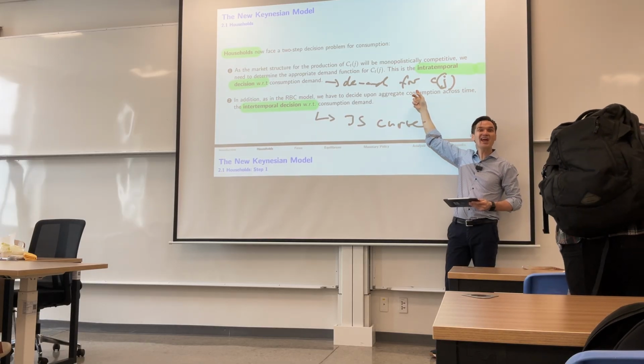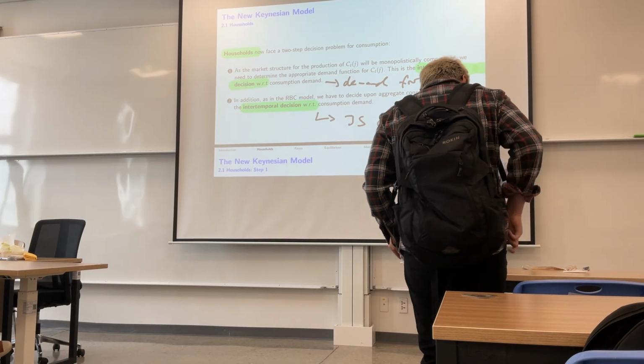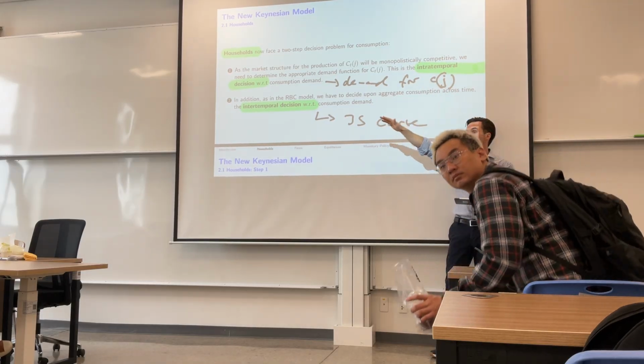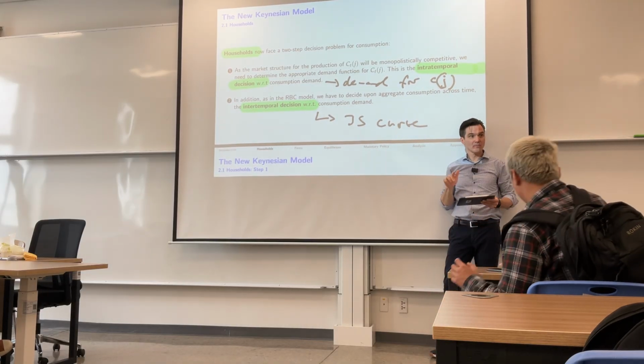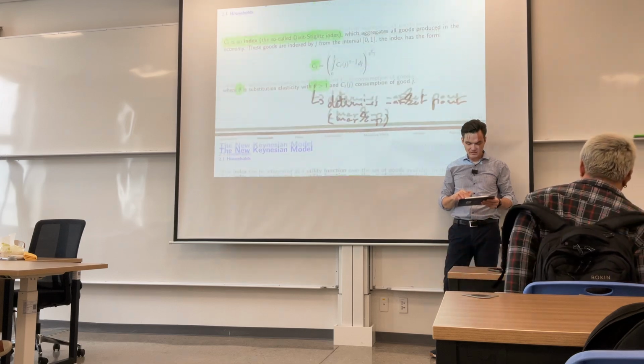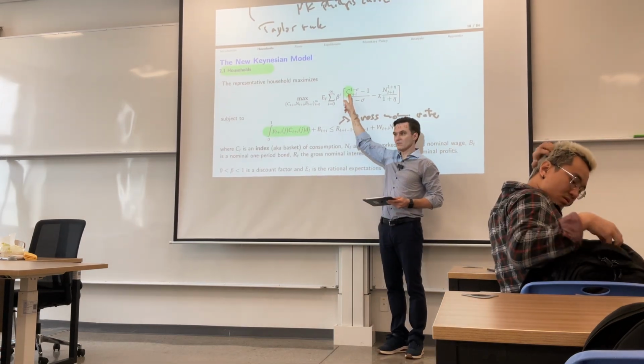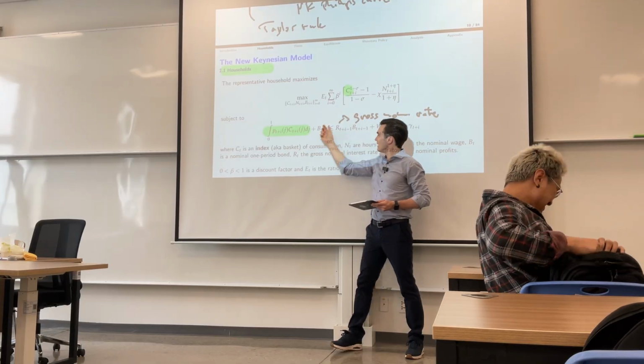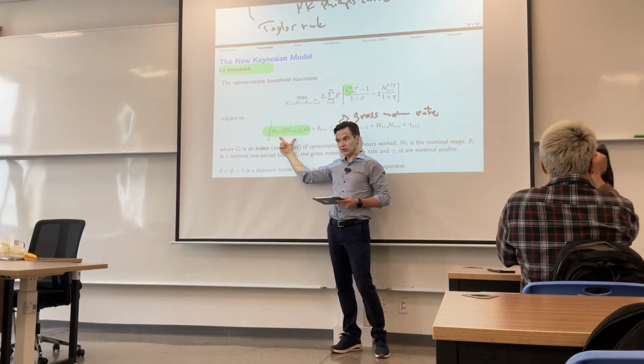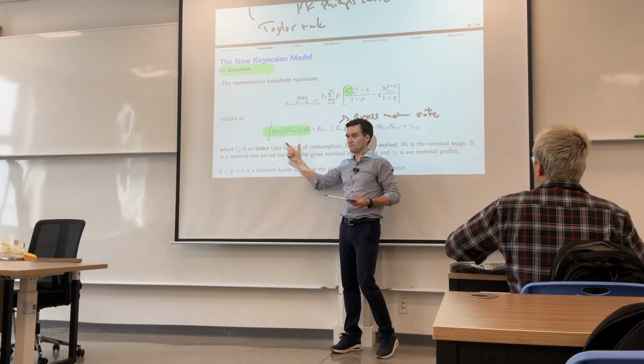And then there's the intertemporal decision that gives rise to the over time demand for goods. What is important, of course, is that in this model there's a distinction between the consumption basket that derives utility and the purchases of the individual goods comprising that basket.